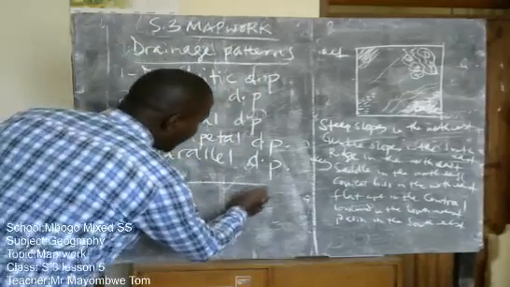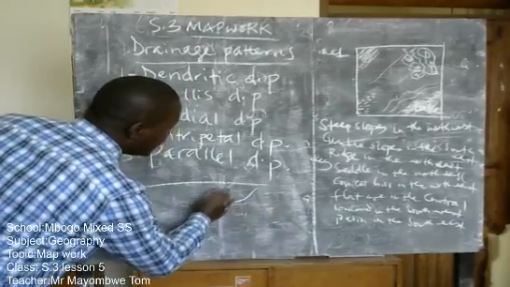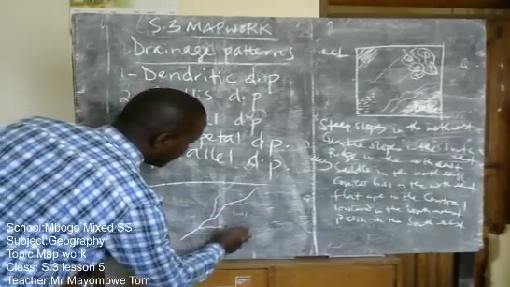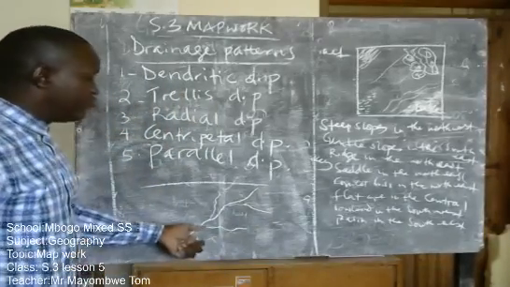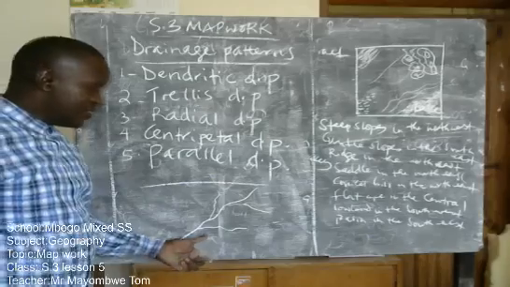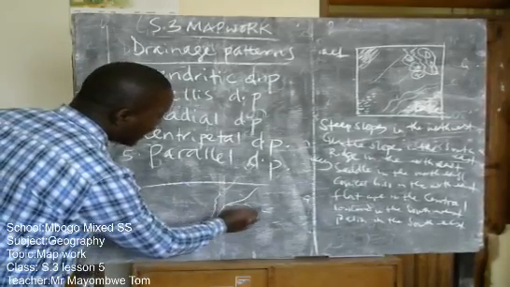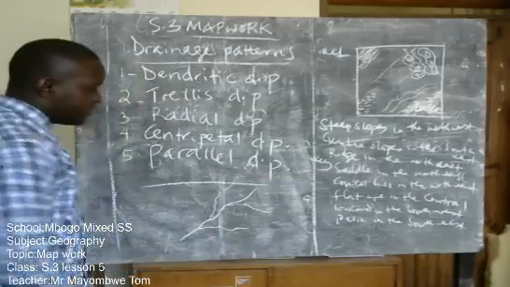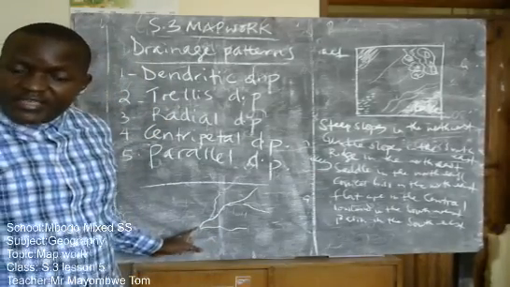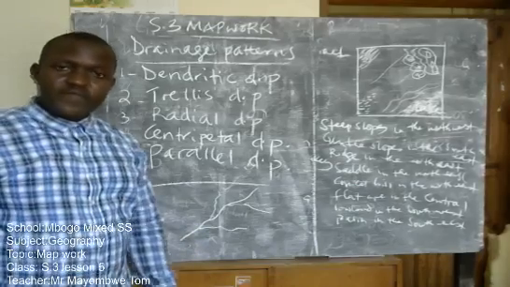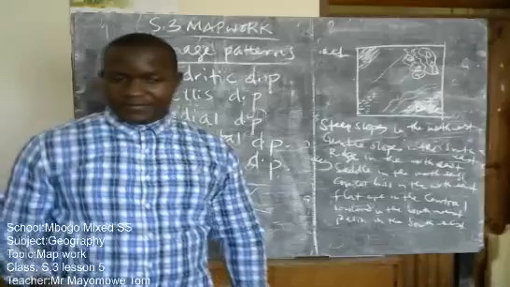If you have this as a river, assuming this is our main river, then these are tributaries. This is a dendritic drainage pattern. You can see that these rivers are joining the main river at angles less than 90 degrees. So they make what we call a dendritic drainage pattern.